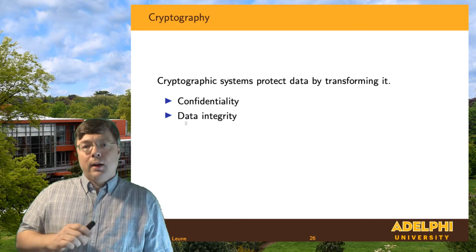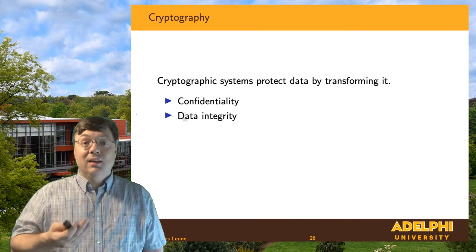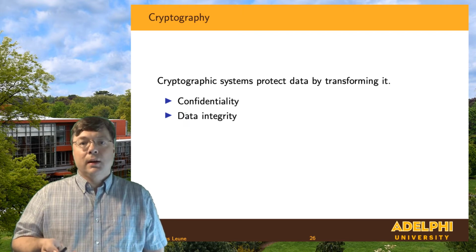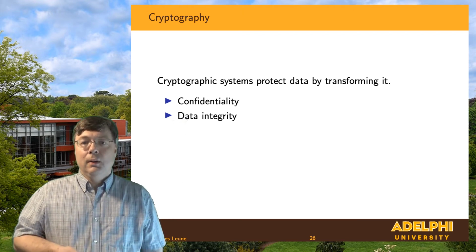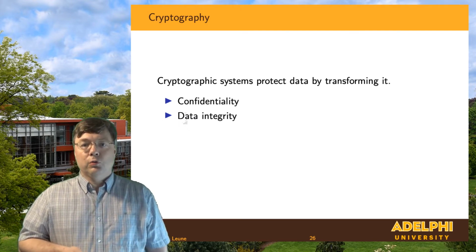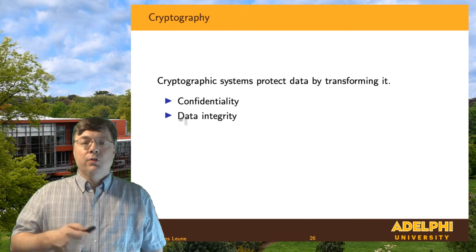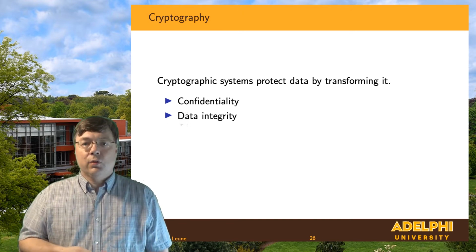And so where cryptography doesn't necessarily prevent changing the data, it does give you a mechanism by which you can detect that changes have taken place. And that will then allow you to make an informed decision as to whether or not you're going to trust the data. So data integrity is all about, has the data been changed since it was originally written?